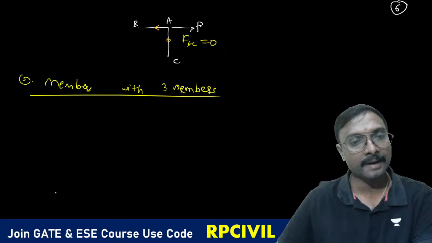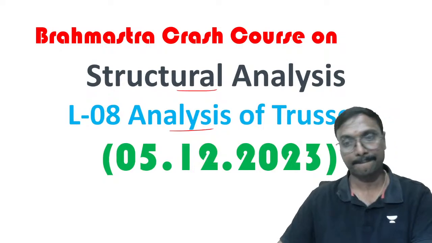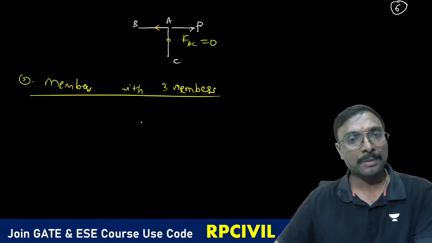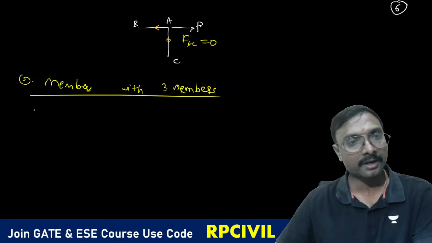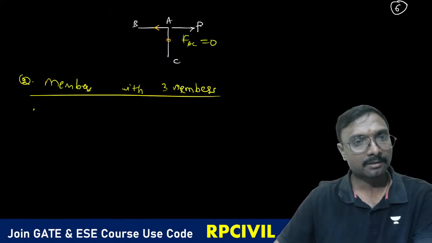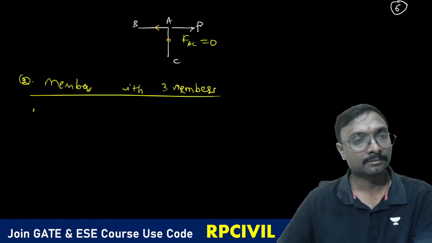How many members are there? A joint with three members means there are still conditions under this, right? What are the different conditions under this? Tell me. That is two members without external force. This one.